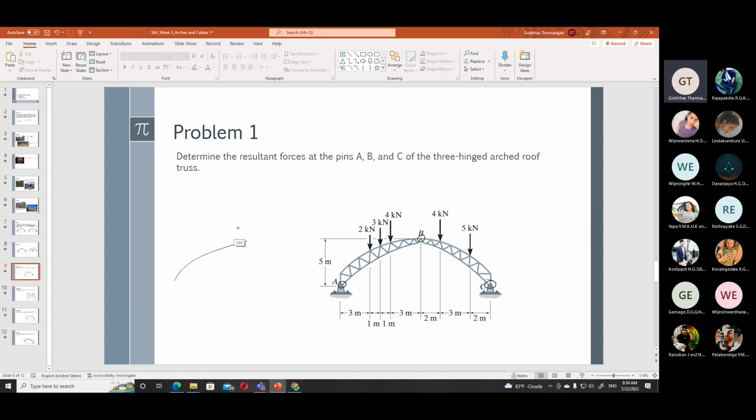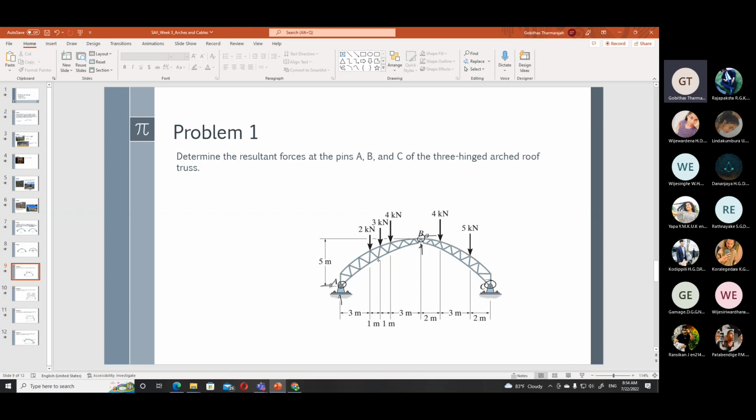You can take one part of the arch and mark the forces. When there's a hinge, you have only two reactions, and you can find the reactions by taking equilibrium of the arch.